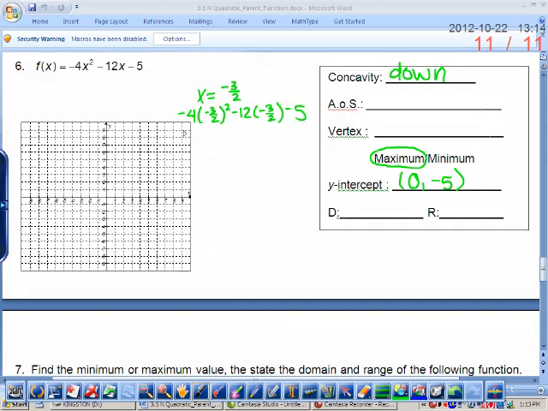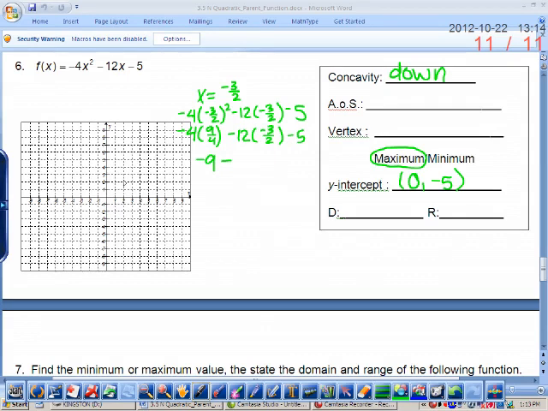All right, negative 3/2 squared. Positive 9/4. Okay. Negative 4 times 9/4, what does that give us? Cancel your 4s, remember? So it's negative 9.